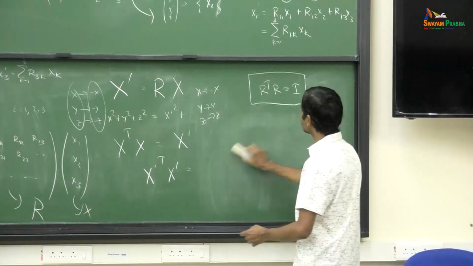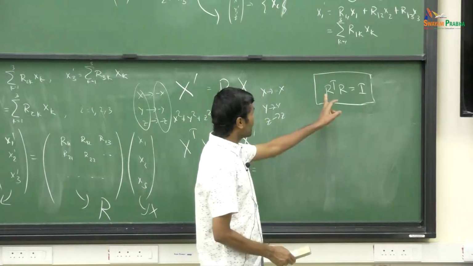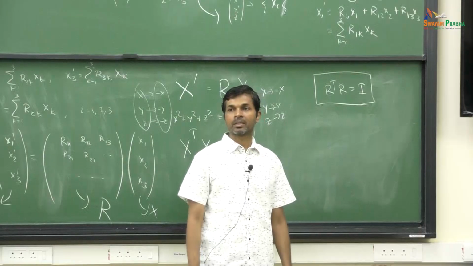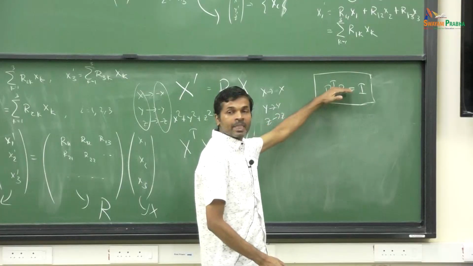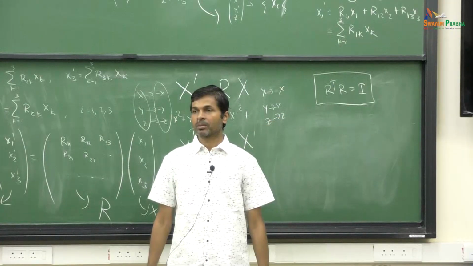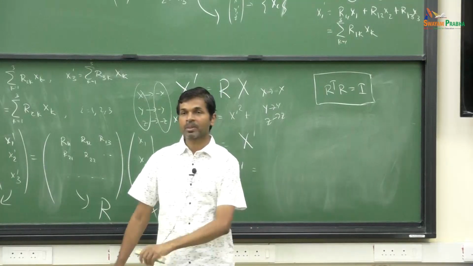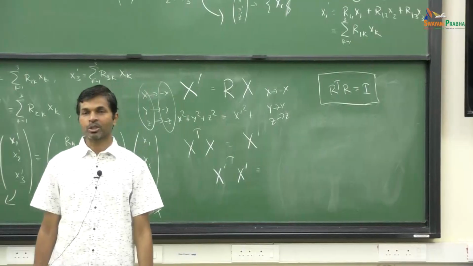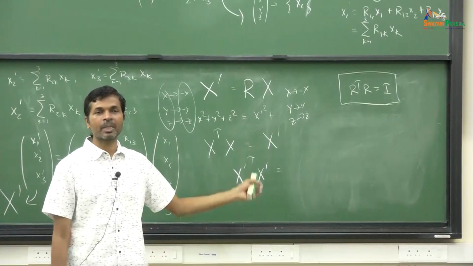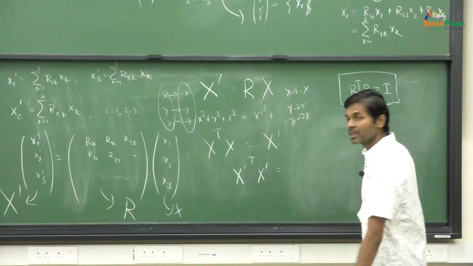Now this R has 9 parameters, but there is a matrix relation like this. So you have to ask how many constraints this equation gives. It doesn't give 9 constraints, although it's a matrix equation. You see this, it's symmetric.